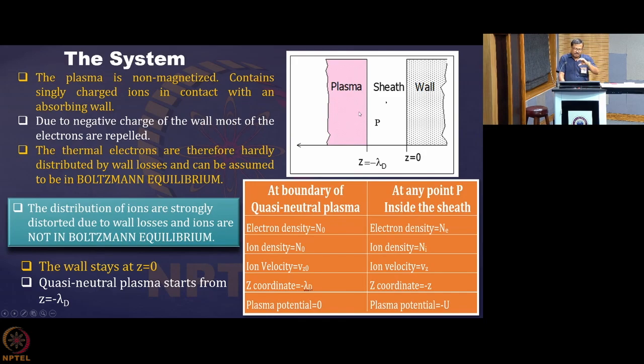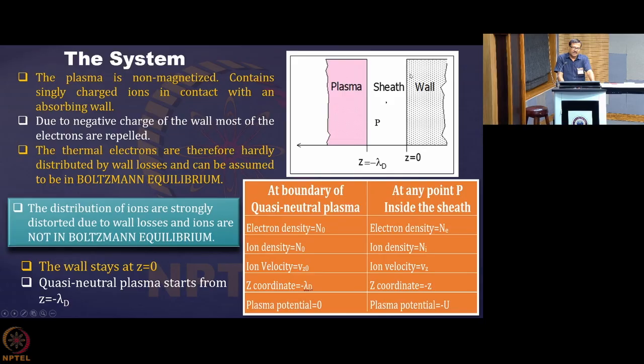But if electrons reach in greater number than the ions, then some current will always be passing through, right? Because there will be net charge accumulating over there.